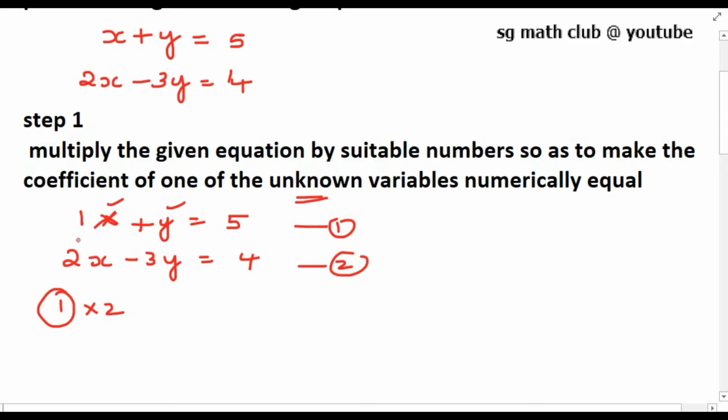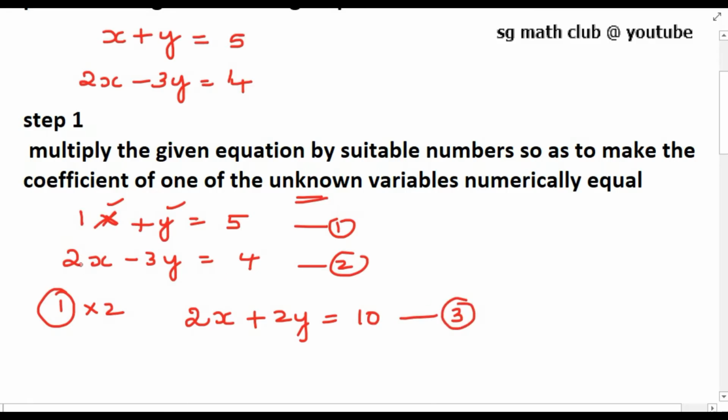That is why I am multiplying the first equation throughout by 2. So I'll have 2x, 2 into y is 2y, and 5 twos are 10. Let this be our equation number 3.